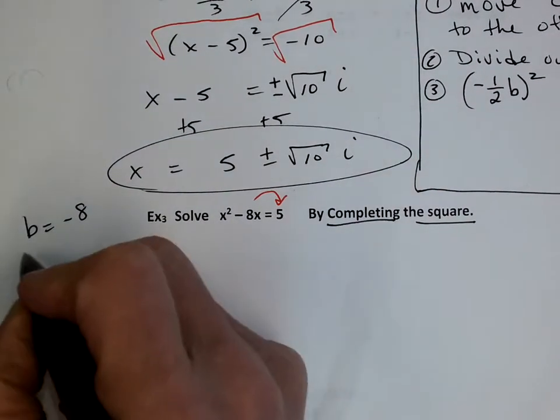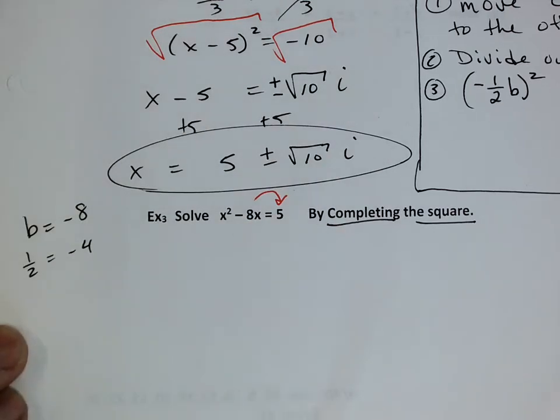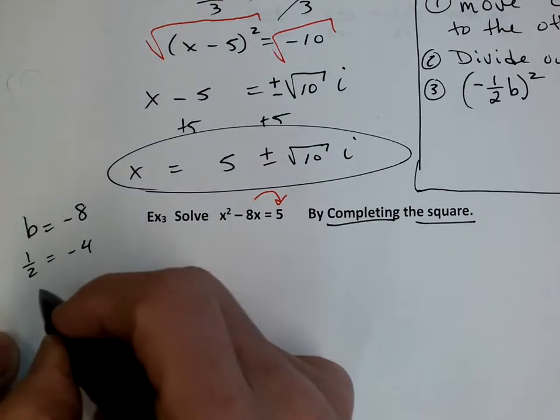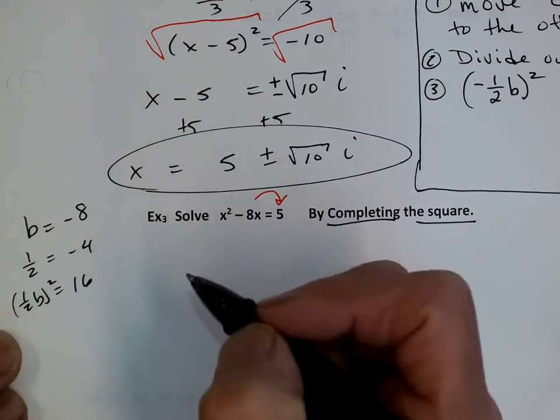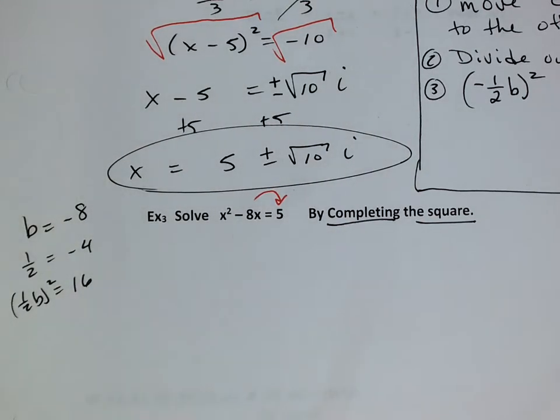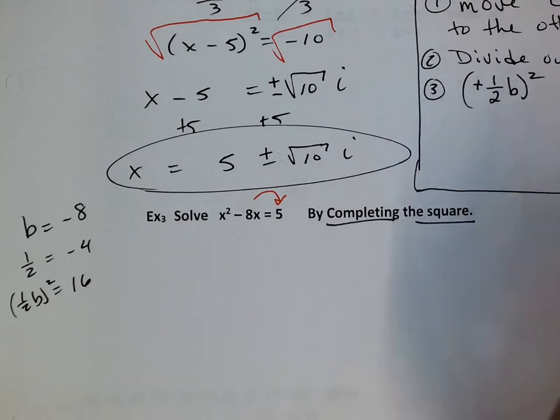We're going to take half of that, negative 4, and we're going to square that: positive 16. Yes? The steps you have to write down, negative 1/2. Oh, you don't need the 1/2. I'm sorry, it's my first big mistake of the day. Thank you, it's just one half b, squared. Thanks, Jack. Good job.